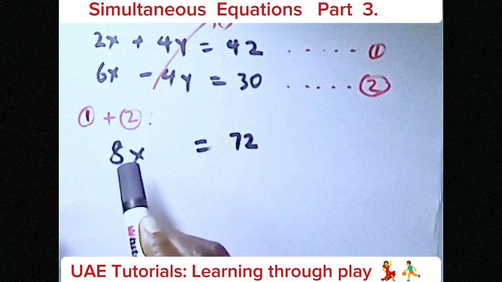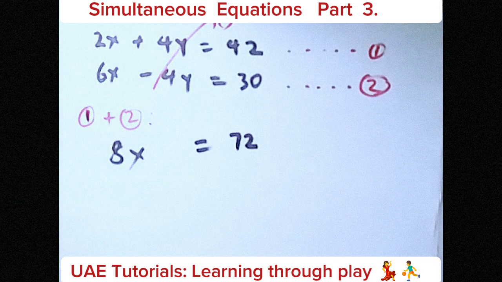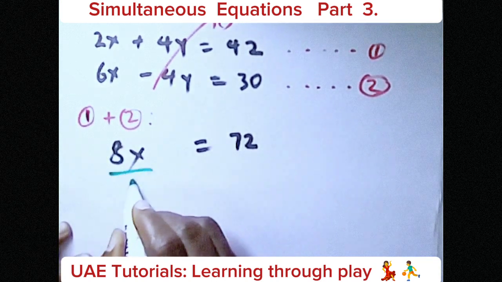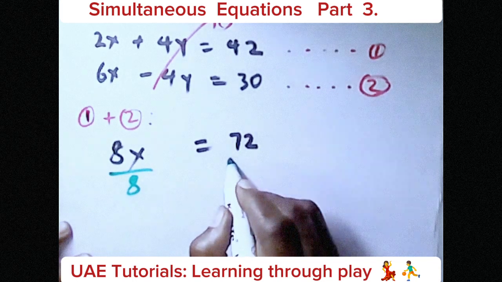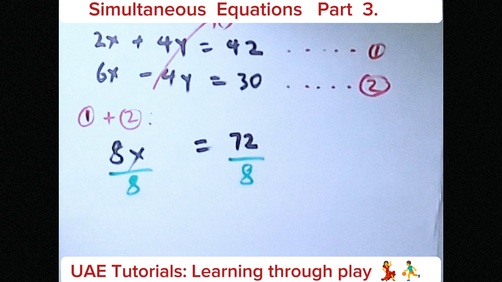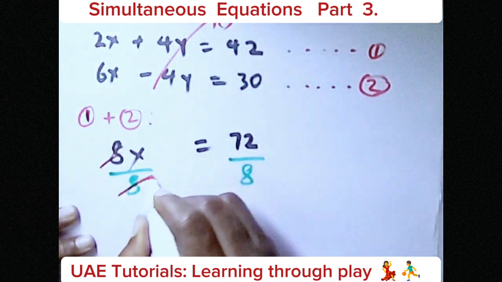But x has a coefficient. So what are we going to do? We're just going to divide both sides by the coefficient of x, which is 8. So we'll divide this side by 8 and we'll divide this side by 8. And that helps us to eliminate this coefficient from x. So 8 will cancel 8.